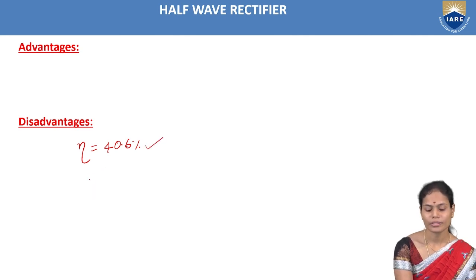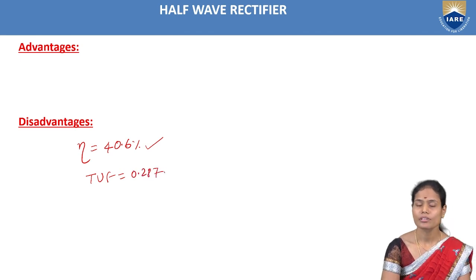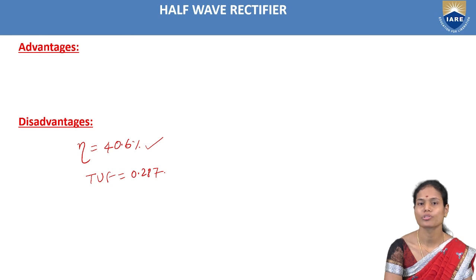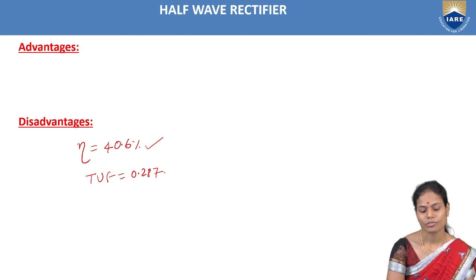And the transformer utilization factor is also very less, almost 0.287. That is also because of the less utilization of the AC power available across the input for rectification.